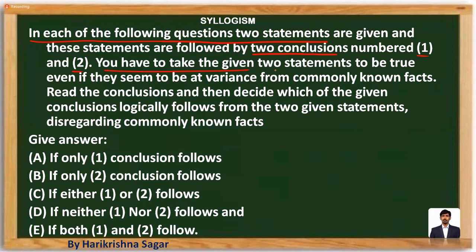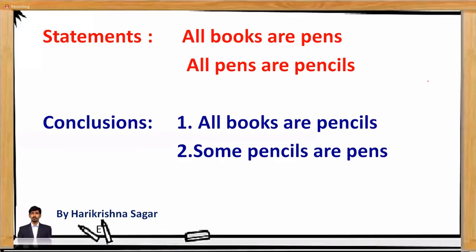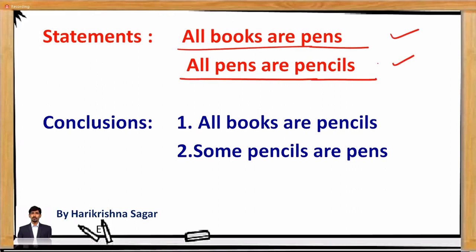You have to take the two statements as true. You have to assume that the two statements are true, even though they seem to vary from common knowledge. If you take an example, if you observe the question, all books are pens, all pens are pencils. These are the two statements.